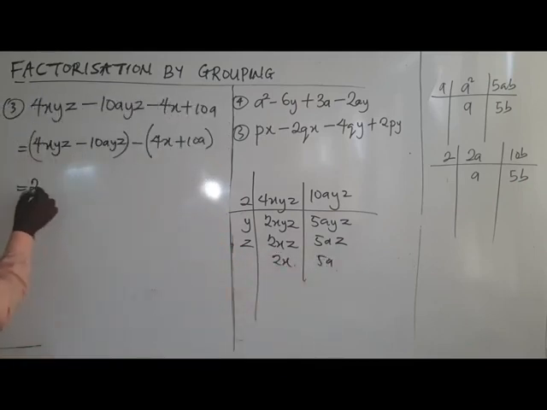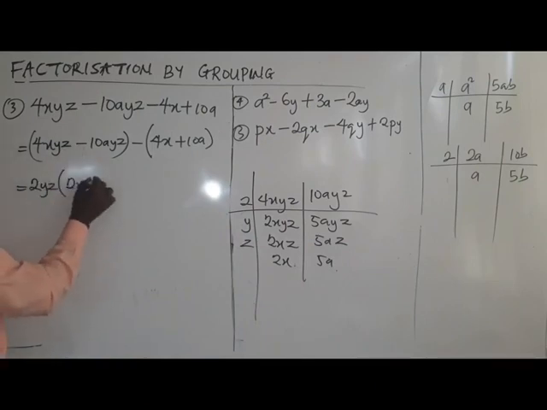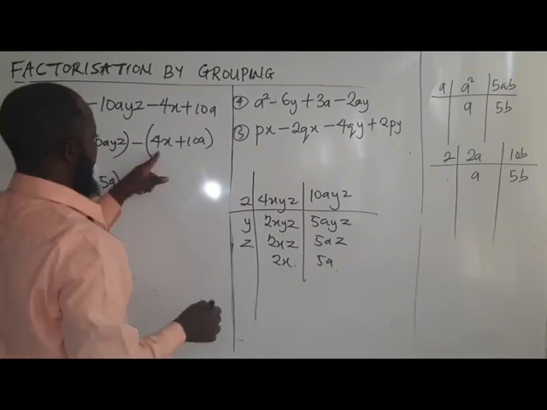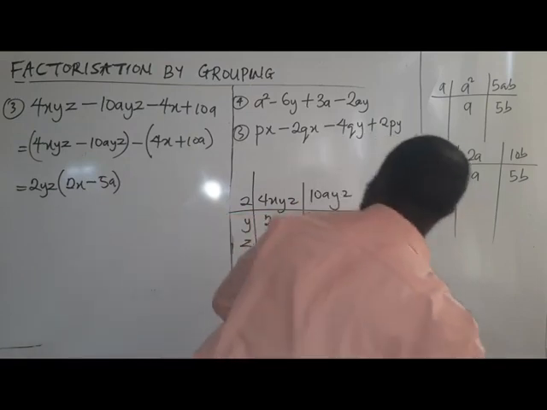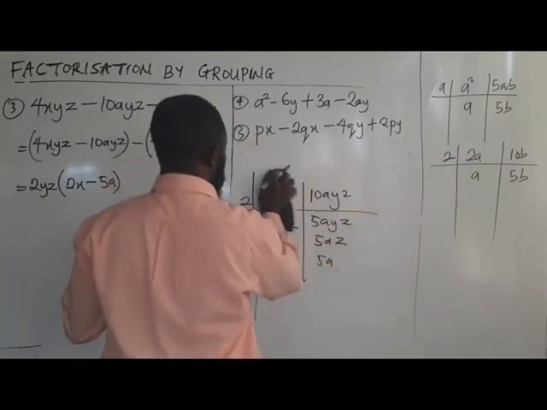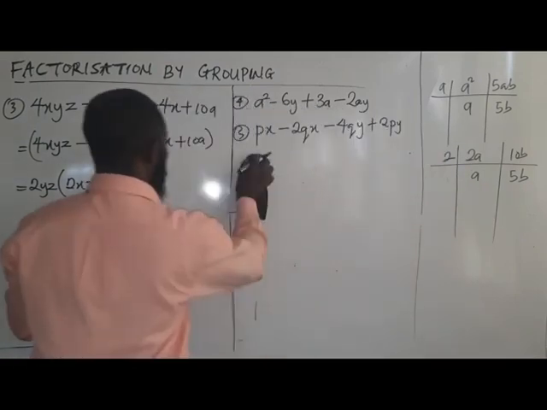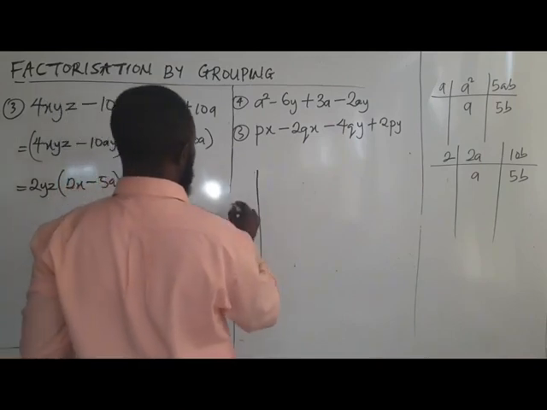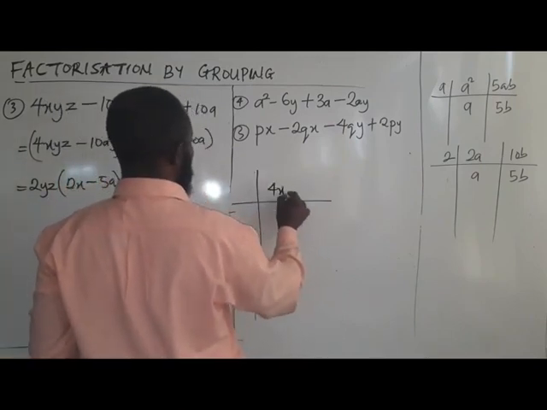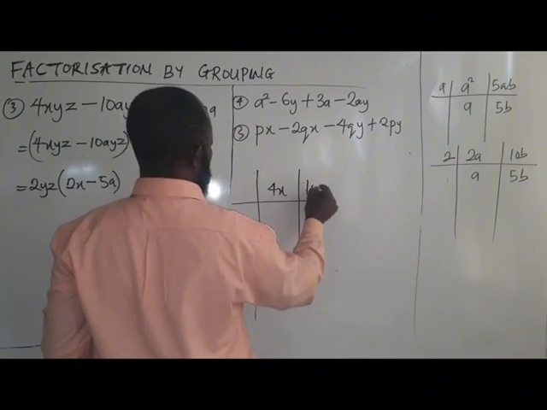So which means we're going to have 2yz into bracket 2x minus 5a. So you do the same thing for the second pair: 4x, right, 10a.